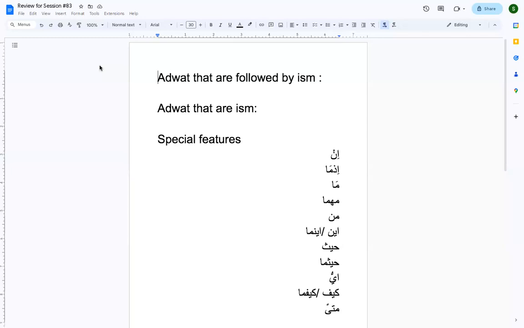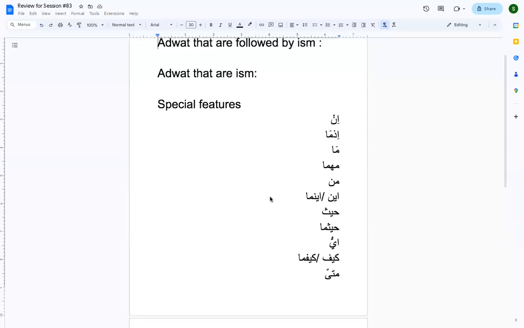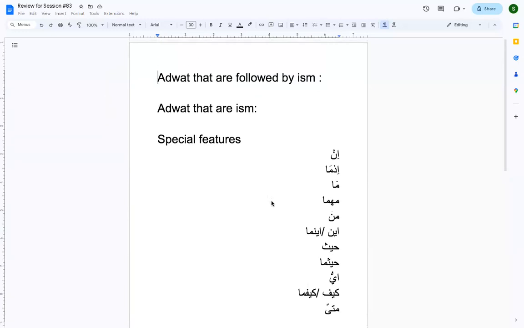When I was learning these conditional words, I never knew that these are all the conditional words. Just by meaning, I would figure out that this can be conditional. There is no one book I can give you and say, go to this book and it will have all your adawat shart and tell you how to label each. There is no such book yet.